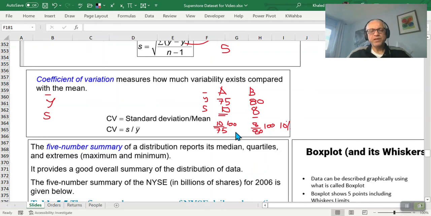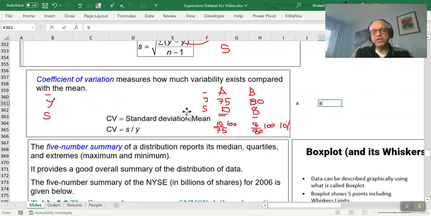But when you come here, it is more or less 7.5 percent. If you want, we can easily calculate it just for us here. This is A, this is B. All you need to do is take the easiest one here: you take the 8 divided by 80 and multiply by 100.